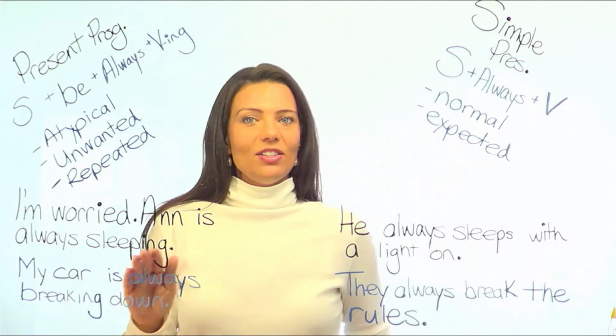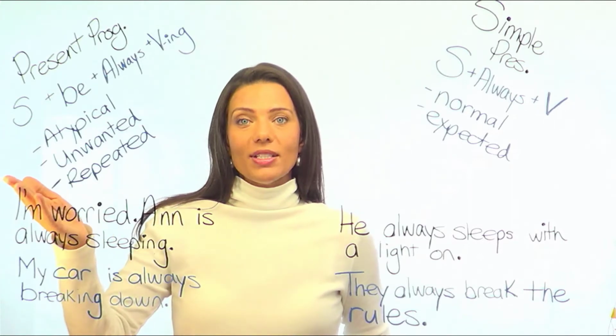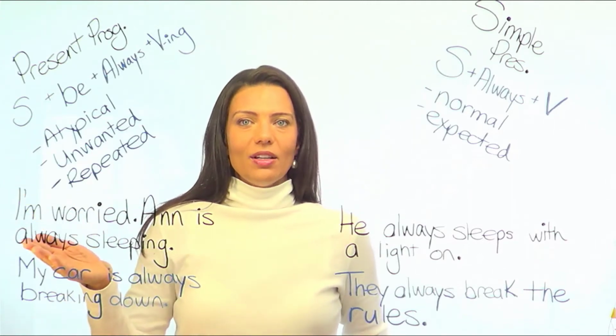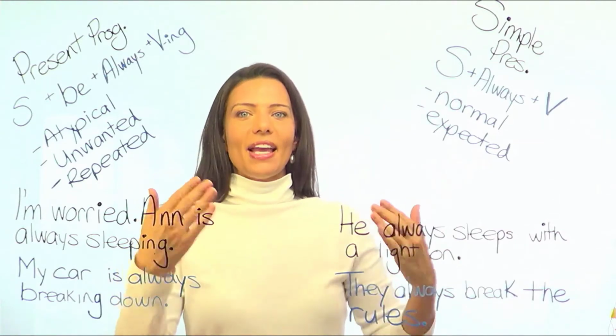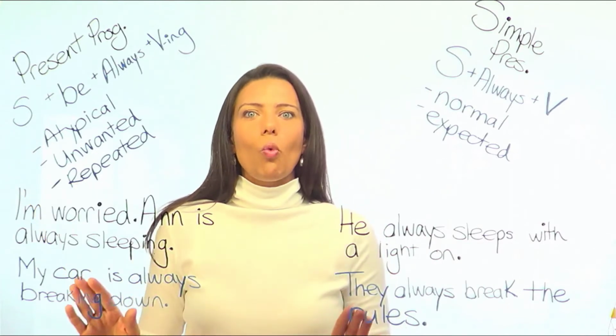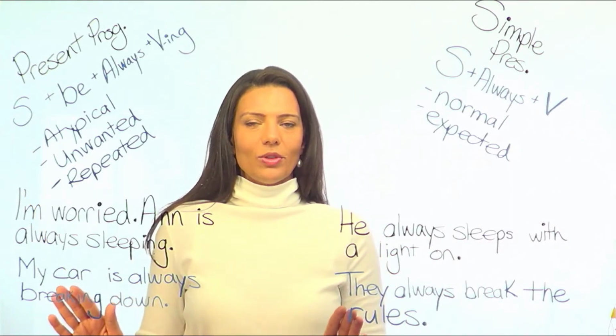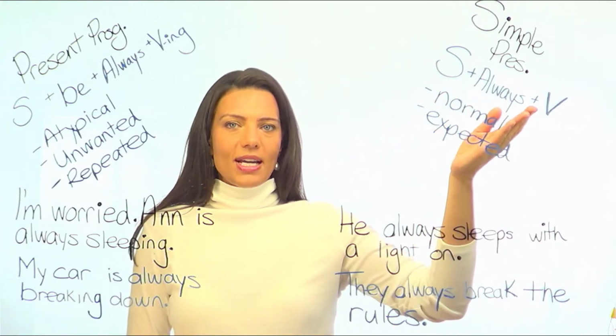That means it's not usual, it's not normal, it's unwanted, and it's repeated. So imagine that something is happening again and again and again, and it's not normal, and you don't want it to happen.